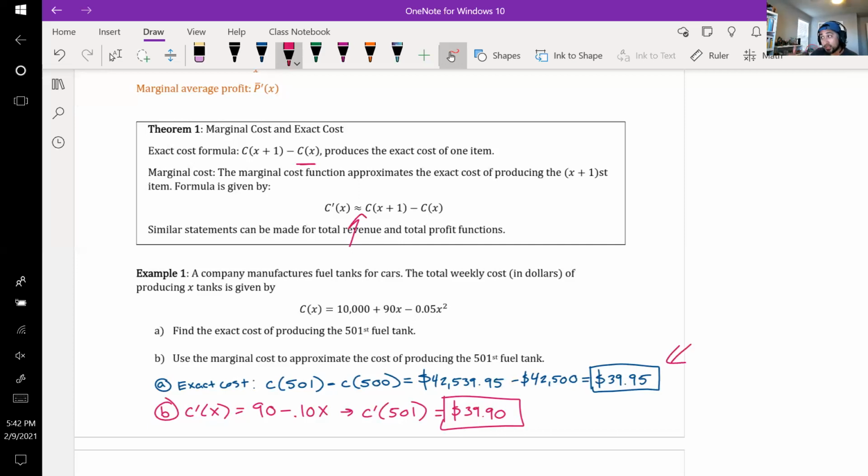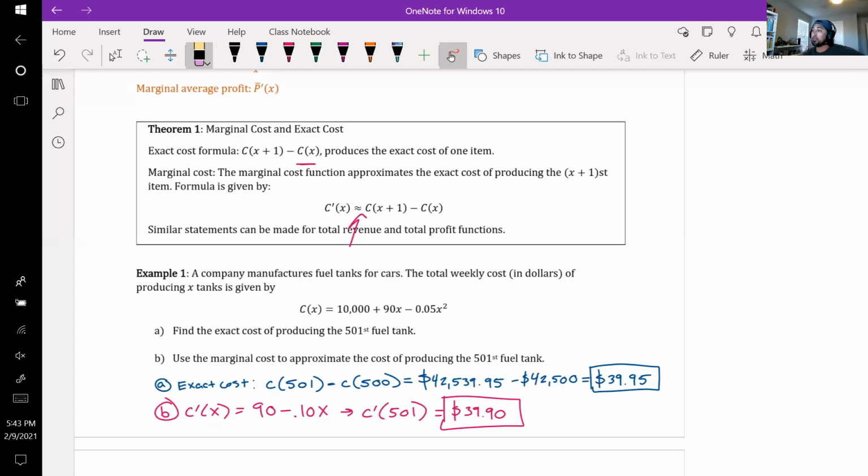Gotcha. Because what we're saying with all this information is that at the 501st fuel tank, cost is increasing by $39. That's what we're saying. Oh, okay. So anything after the 501st is going to be more expensive. And it's only at 501 then. Only at 501. It also depends on if there's a revenue function or profit function.